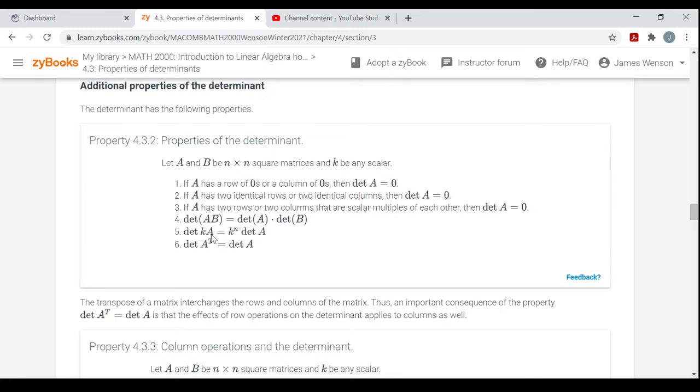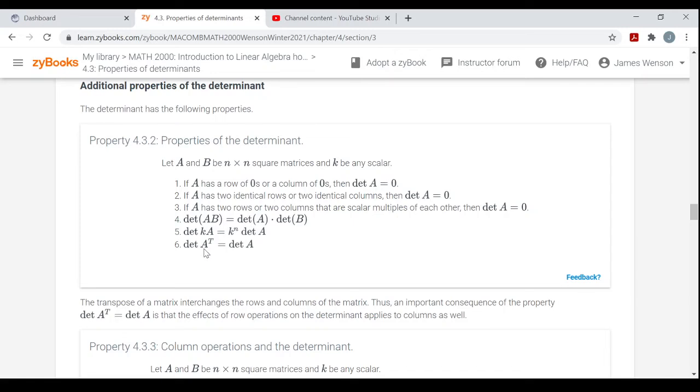So that would mean you're multiplying all n rows by the scalar k. And you saw earlier, if you multiply just one row by k, it multiplies the determinant by k. Well, here you're multiplying all n rows by k, so that's why the determinant of A is multiplied by k to the nth power. Times k times k times k times k, one for each row.